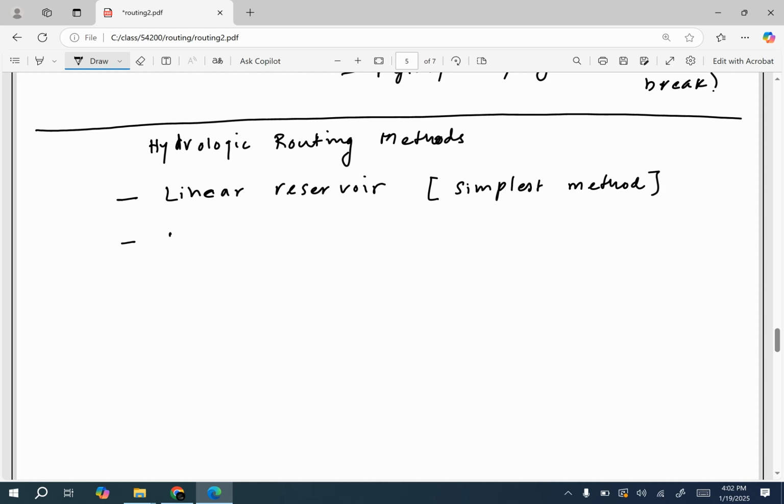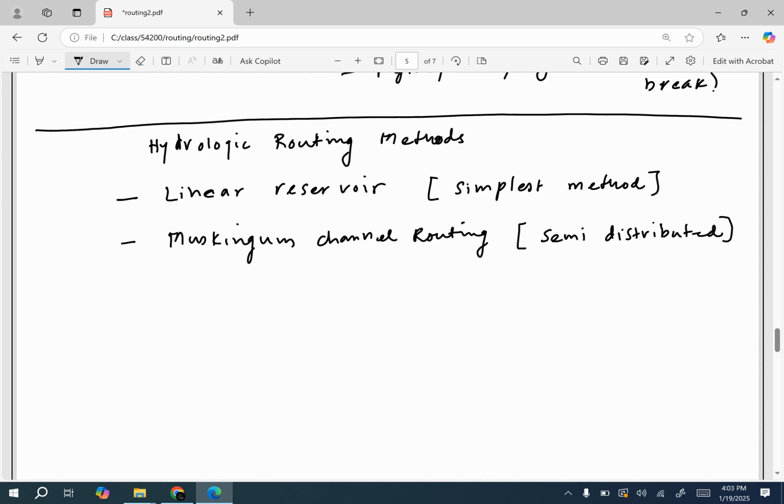The second method is Muskingum channel routing. We can think of this as semi-distributed, used for river channels.